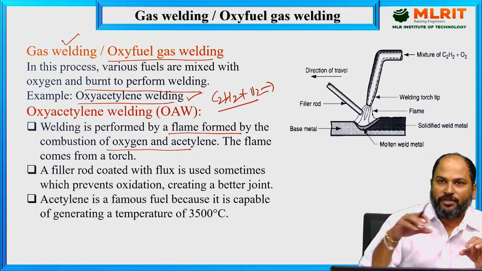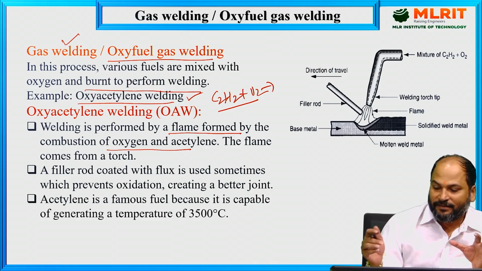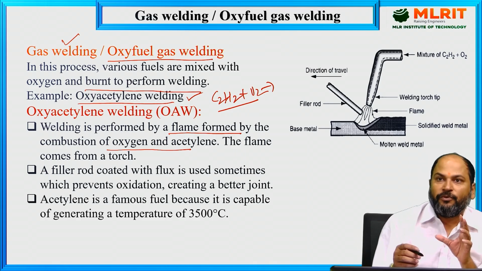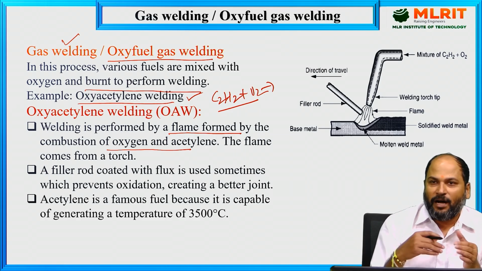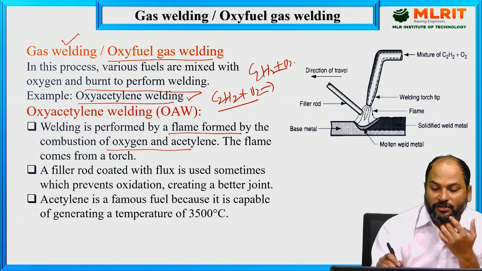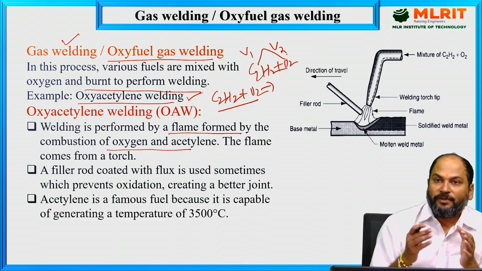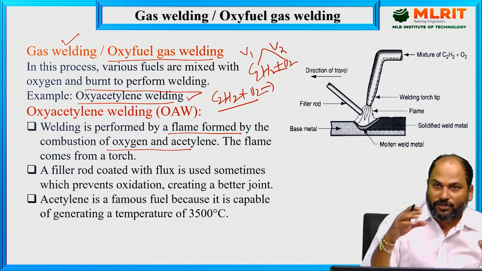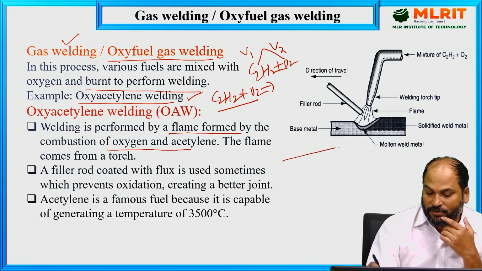There will be a torch where they will be mixed. How much acetylene, C2H2, will be there, and how much oxygen will be there? What will be the volume of this one, and what will be the volume of that one? That will be set in a torch. Suppose this is the torch.